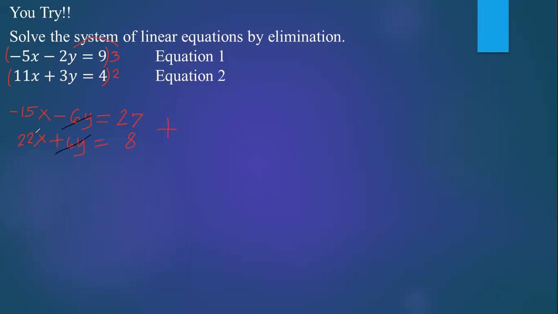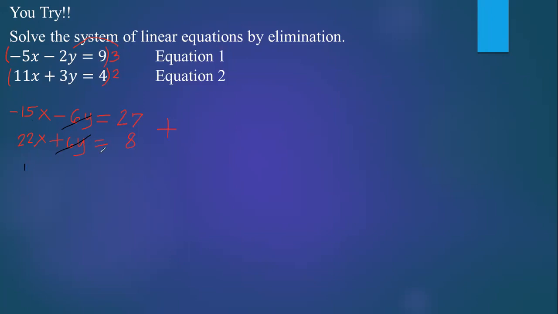Negative 15x and 22x, what is the difference? 22 minus 15 is 7.